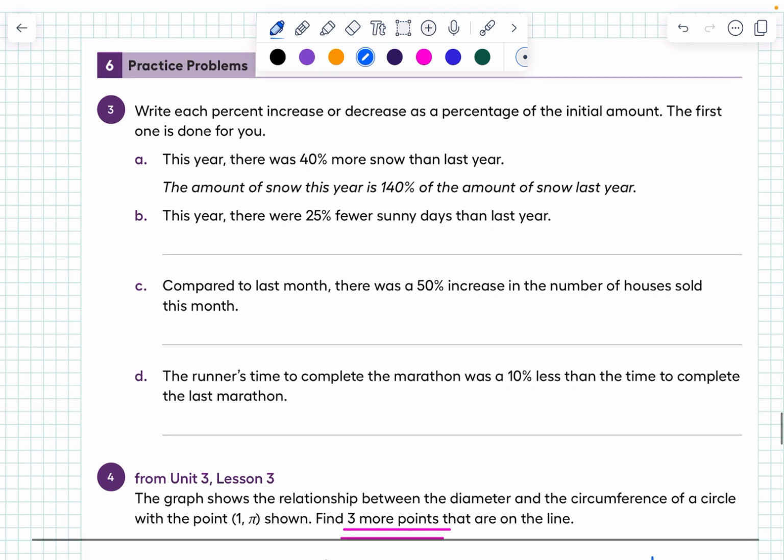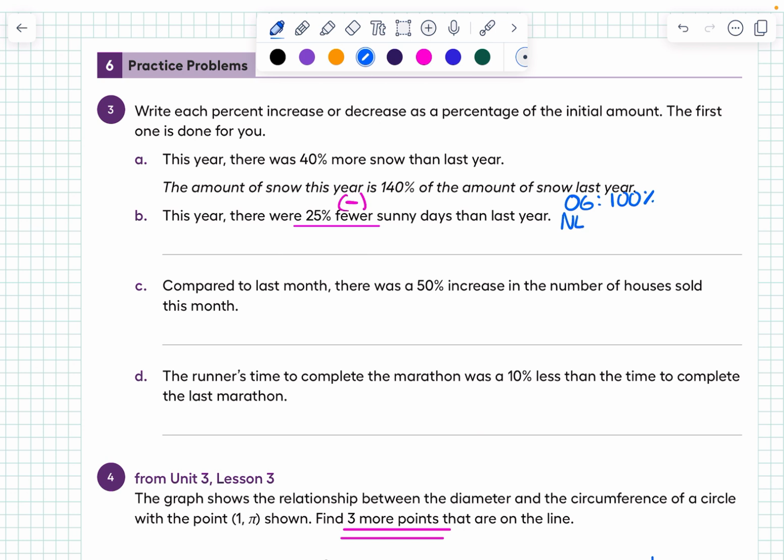B, this year there was 25% fewer sunny days than last year. Okay, 25% fewer. Fewer means that there would be less, so that means subtraction. So the OG would be 100%, and the new would be 100% minus 25%, to give us 75%.